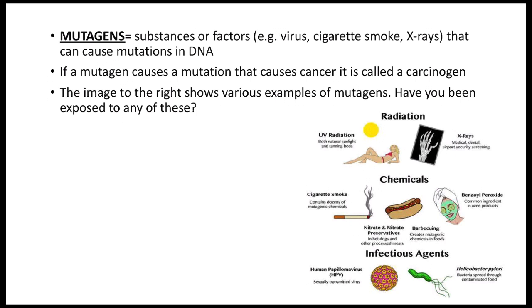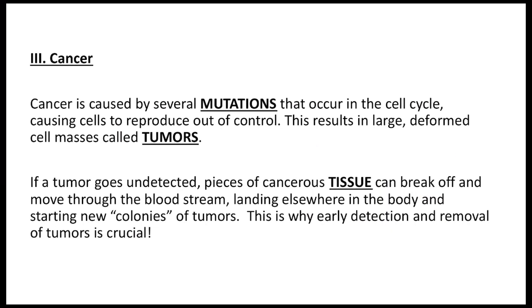So most of the time, our body, as stated before, deals with the effects of these mutagens and nothing bad occurs. However, sometimes this can lead to cancer. So cancer is caused by several mutations that occur in the cell cycle. This is again going back to grade 9, causing cells to reproduce out of control.